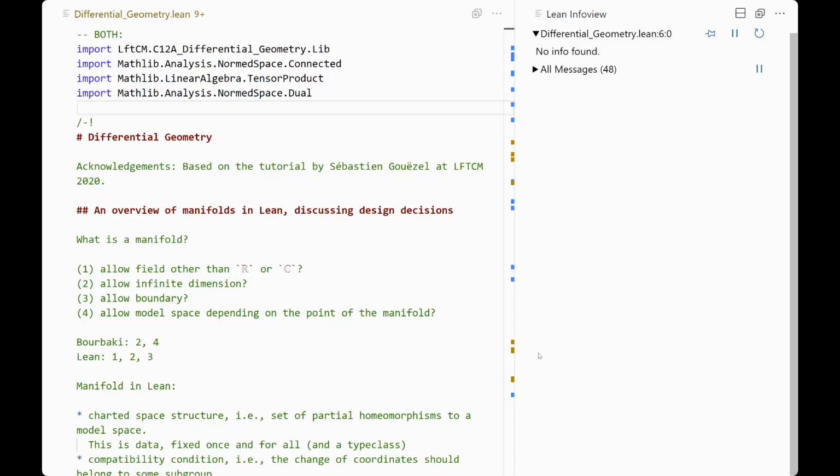We don't assume that manifolds are finite dimensional, but of course some results are restricted to finite dimensional manifolds, and we allow manifolds with boundaries and even with corners. So the last point, we decide that we don't allow the model space to depend on the point. And as was already mentioned, that is not a restriction if we restrict ourselves to connected manifolds.